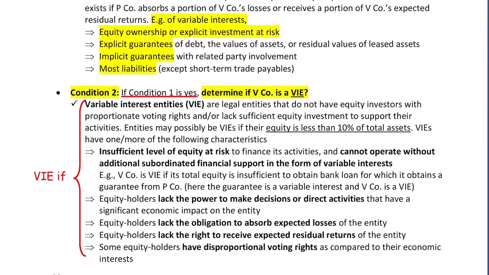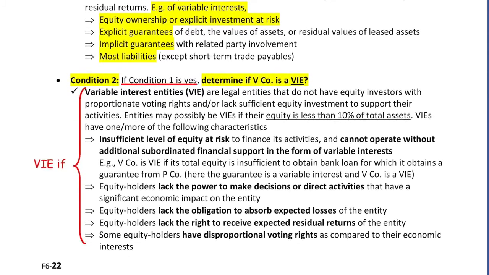So the V company is a variable interest entity if it does not have equity investors with voting rights or lacks sufficient financial resources to support its activities. Entities are presumed to be VIEs if the equity is less than 10% of total assets. VIEs have the following characteristics. Highlight insufficient level of equity investment at risk and cannot operate on its own without additional subordinated financial support in the form of variable interest.